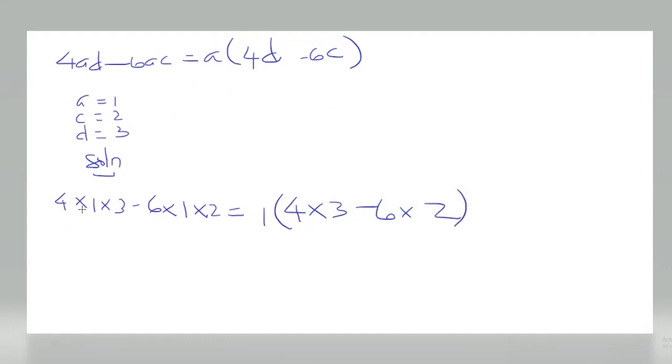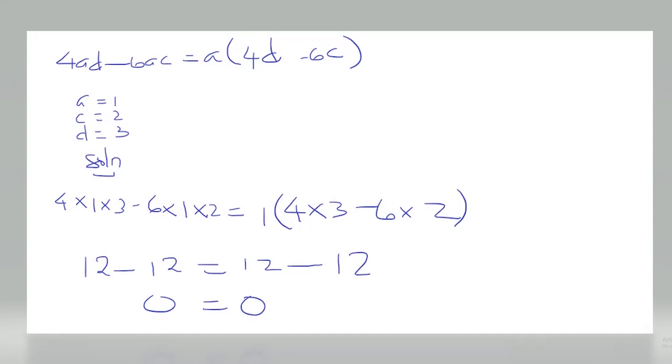This one will be equal to 4 times 1 times 3 is 12, minus 6 times 1 times 2 is 12. So this one is equal to 1 times the bracket. Then inside you're going to have 4 times 3 is 12, then minus 6 times 2 is 12. There 12 minus 12 is 0. This one is equal to 12 minus 12 also is 0.